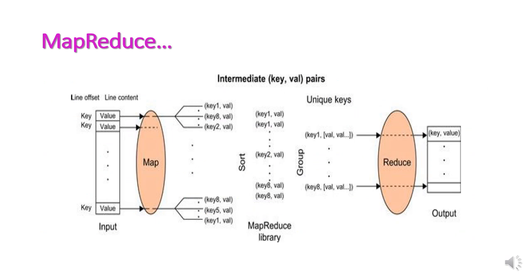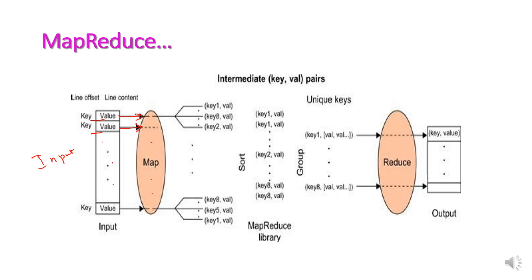And we can see some more detail about our MapReduce, and here is our input. The input is divided into small chunks. A large number of chunks will be there. That is, a very huge input text file will be divided into many chunks, and those chunks will be given to the individual map functions.